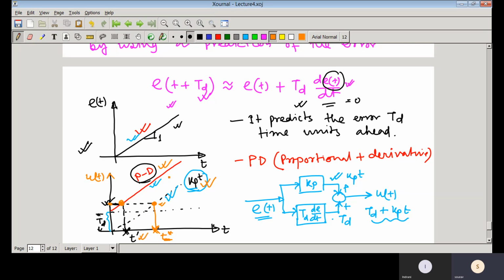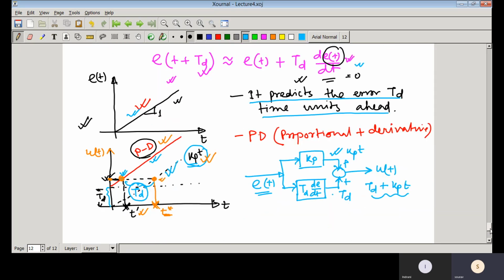So this t dash, what is this value? This value equals Td. So that means it predicts the error Td time units ahead. Because of this particular control structure, the PD controller, proportional derivative controller, can generate the same amount of control input Td times ahead. So that is actually the beauty of this control structure.